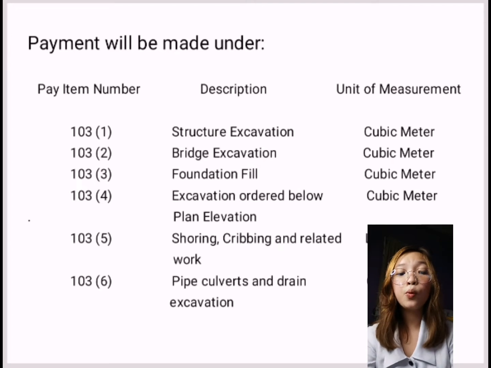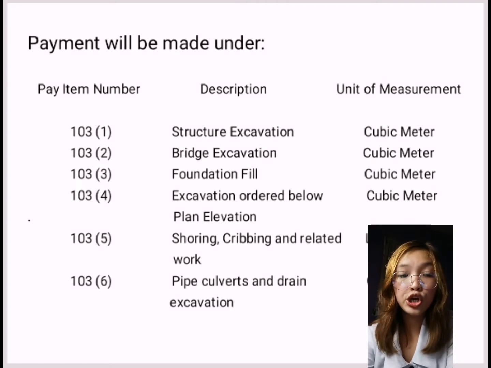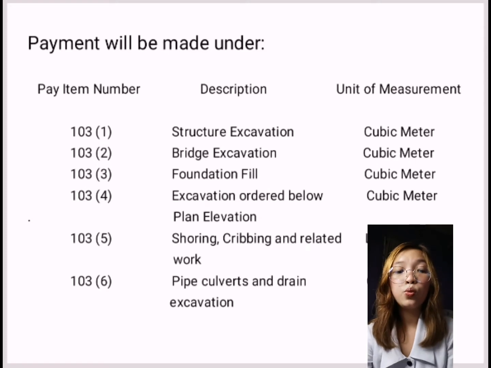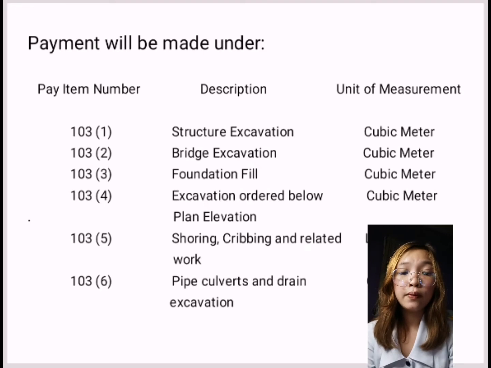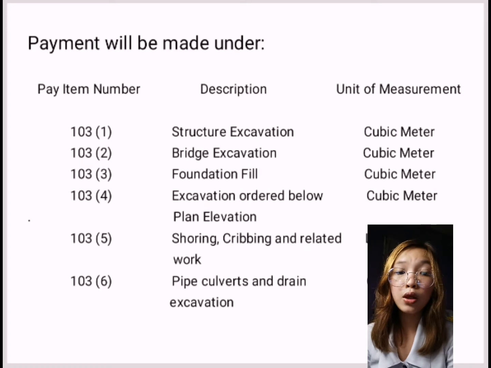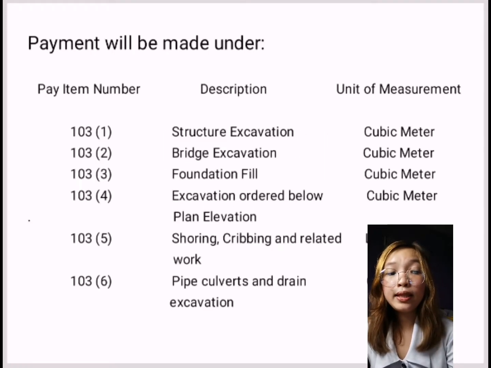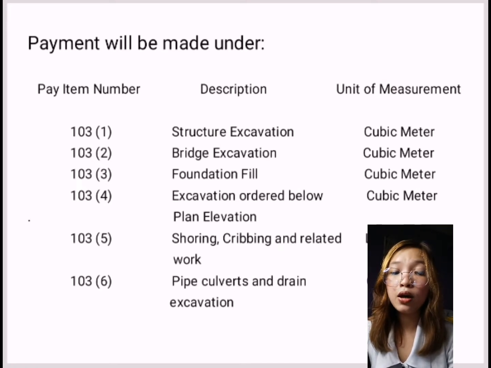The pay item number 103.1 or the structure excavation with a unit of measurement of cubic meter, while the item number 103.2 or the bridge excavation with a unit of measurement of cubic meter, and item number 103.3 or the foundation fill with the cubic meter, the item number 103.4 or the excavation ordered below plan elevation with the cubic meter, and item number 103.5 the shoring, cribbing, and related work with the unit of measurement of lump sum, and lastly item number 103.6, which is the pipe, culverts, and drain excavation with the unit of measurement of cubic meter.